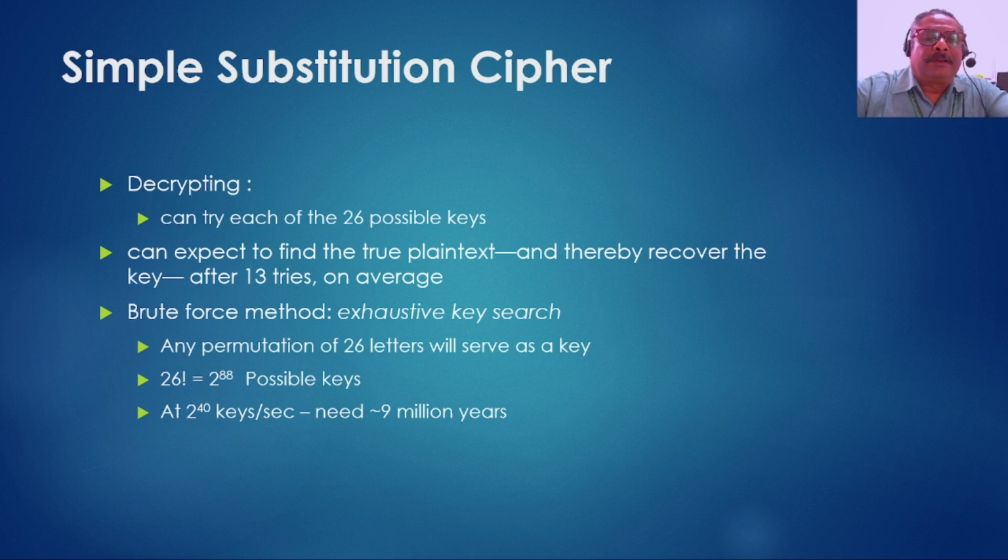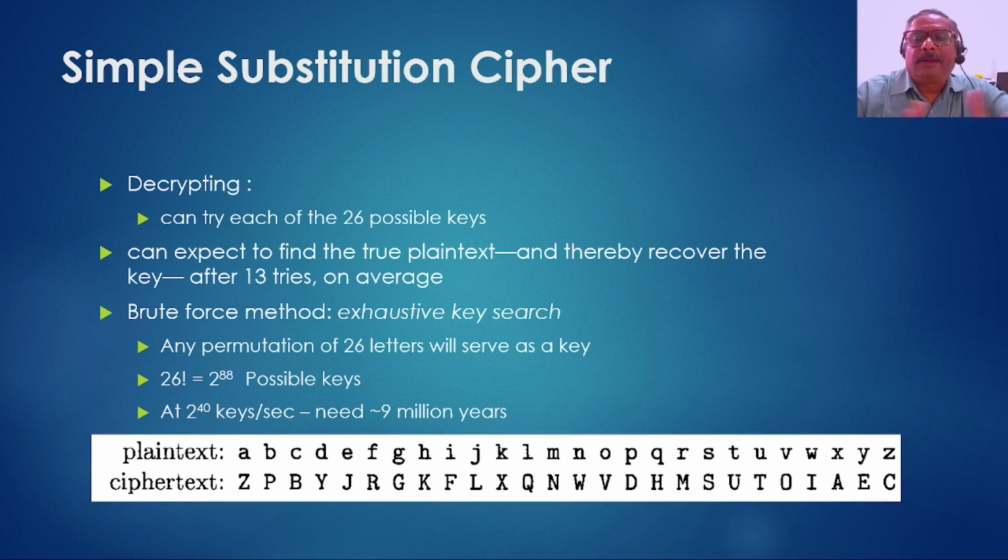So assume that the computer is able to test keys at a rate of 2 to the power 40 keys per second. Even at this high speed of computation, we require somewhere around 9 million years to find the exact encryption key used.